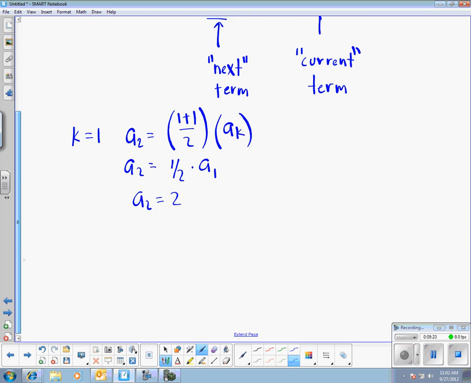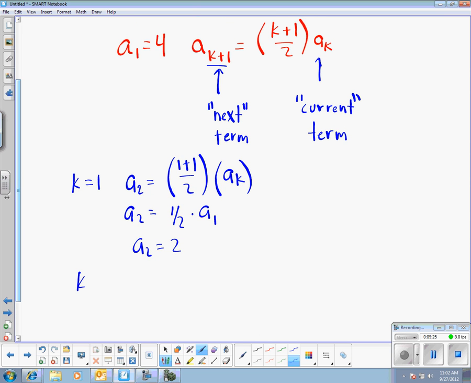Okay? And my next term, when k is 2, A3 is going to equal 2 plus 1, or 3/2, times A2. All right, 3/2 of A2 is 3/2 times 2, which is 3.